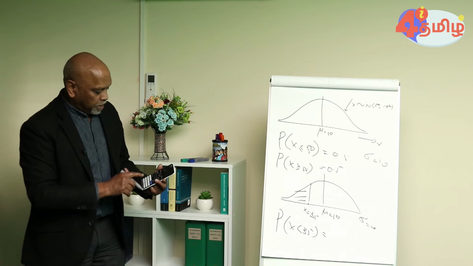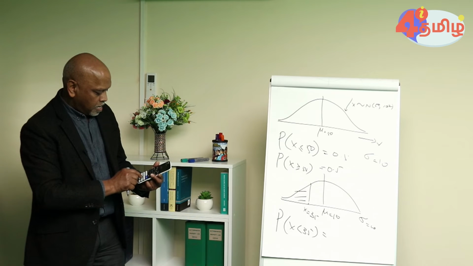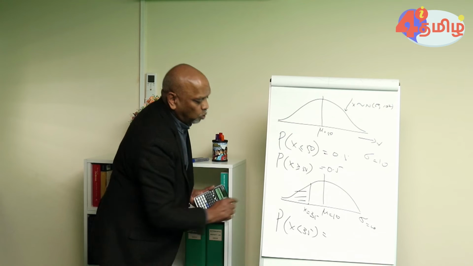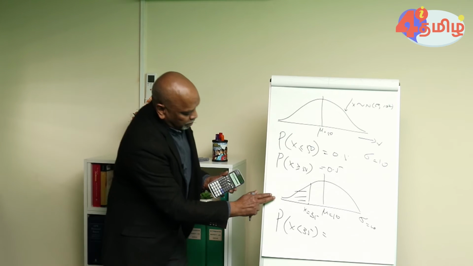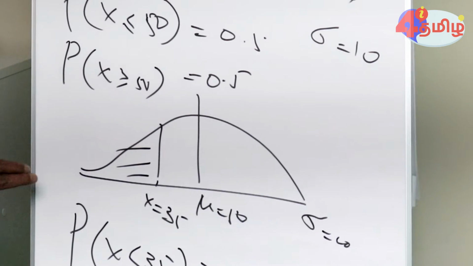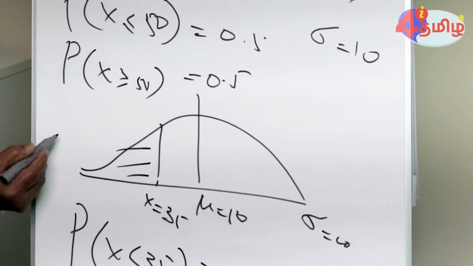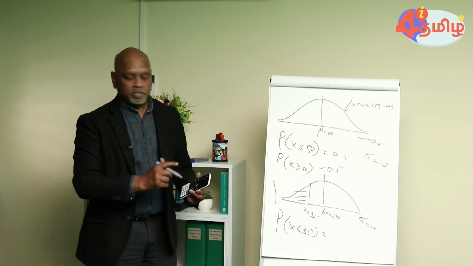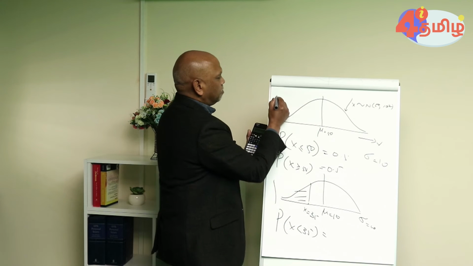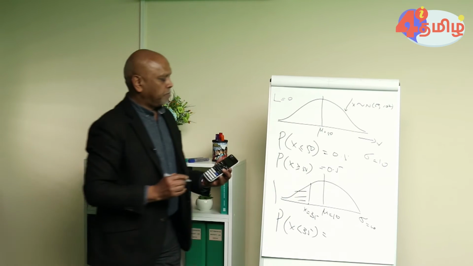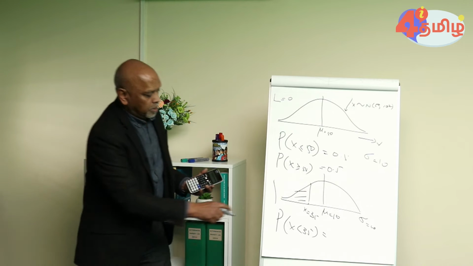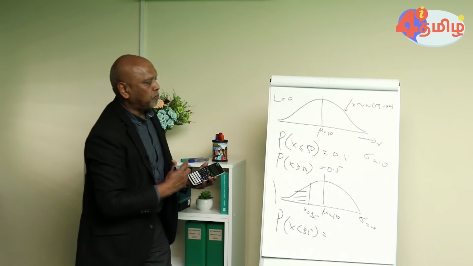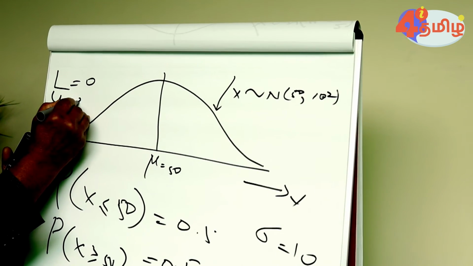When you do that, it asks you the lower limit. What is the lower value? Well, we don't know, but what we know is it cannot go less than 0. So we can use the lower value as 0. What is the upper value? We want to find out anything less than 35, so the upper value is 35.